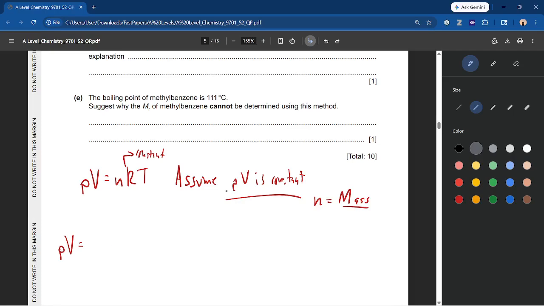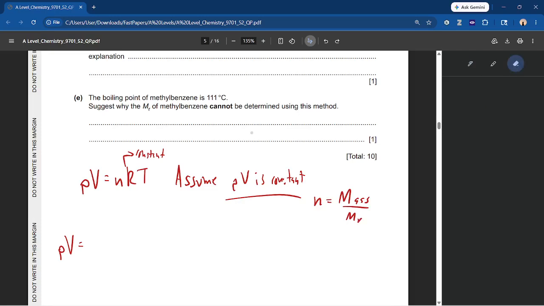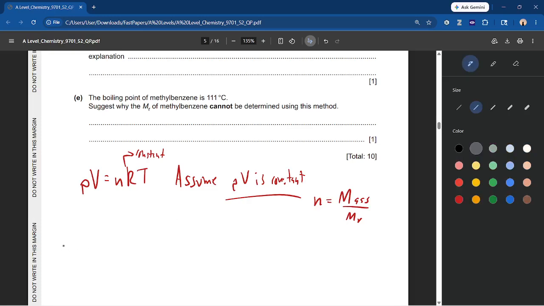So if we're assuming that PV is constant, let's erase everything over here. The equation comes back to n is equal to PV by RT.